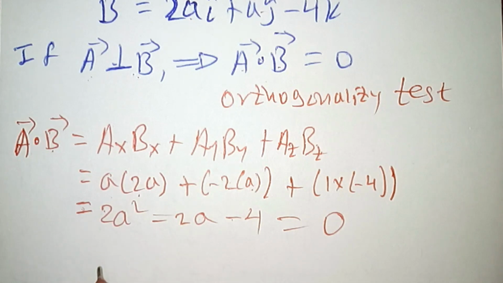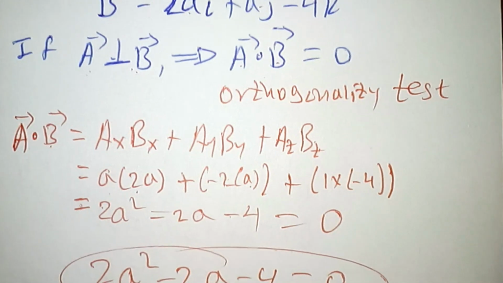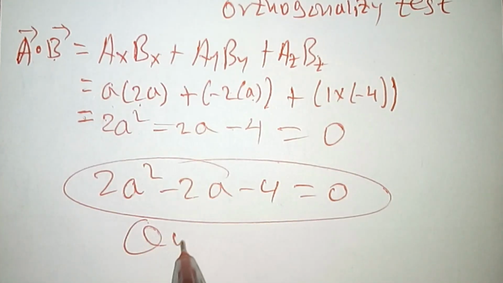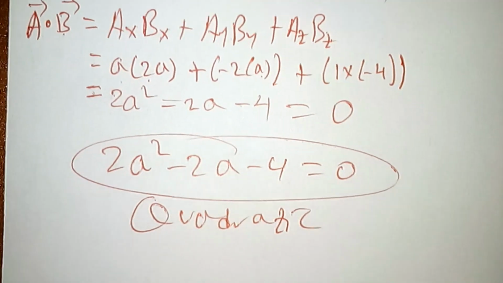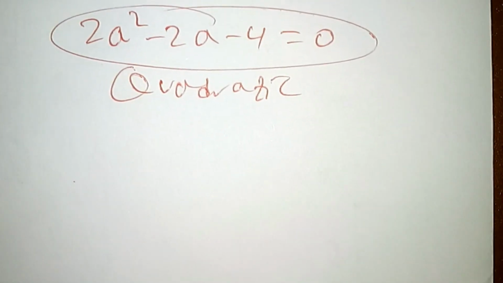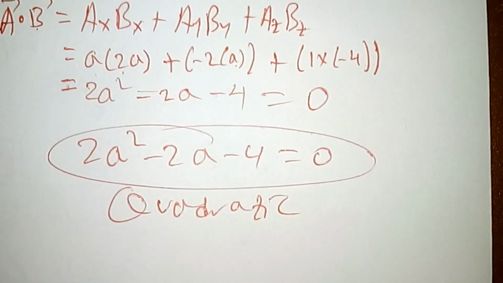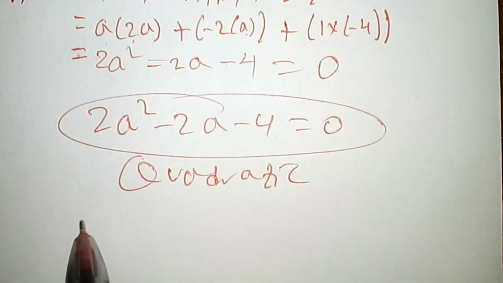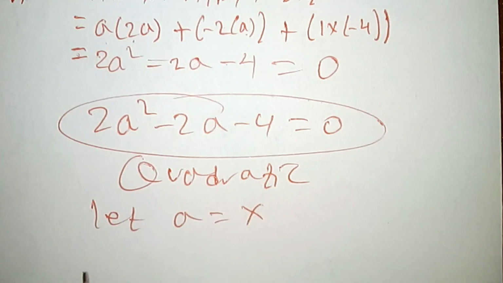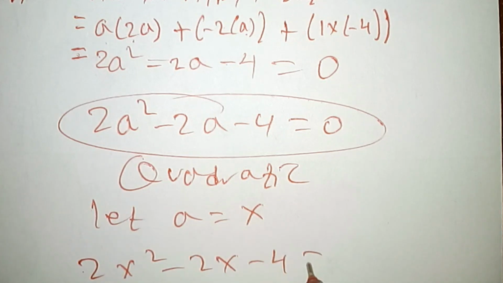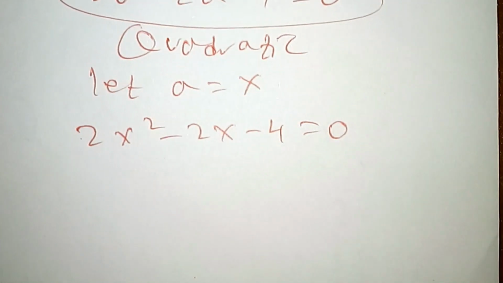So we have a quadratic equation, 2a squared minus 2a minus 4 equals 0. Then we can use the quadratic formula. Let a equal x, then 2x squared minus 2x minus 4 equals 0.